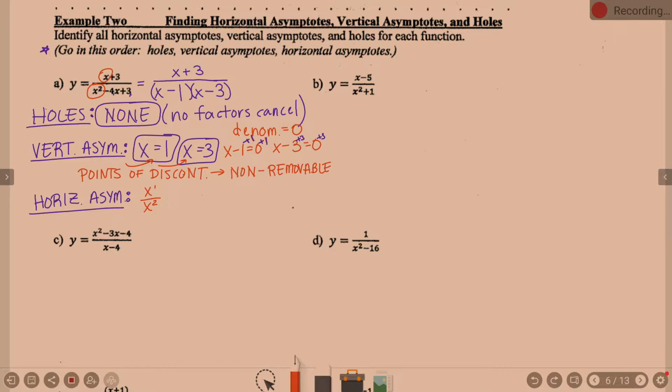The biggest power is on bottom. So if the biggest power is on bottom, what's the asymptote? y equals 0. And your reasoning is because the biggest power was on bottom.